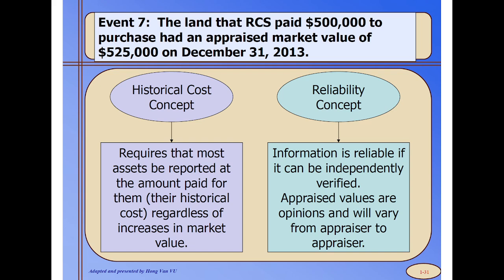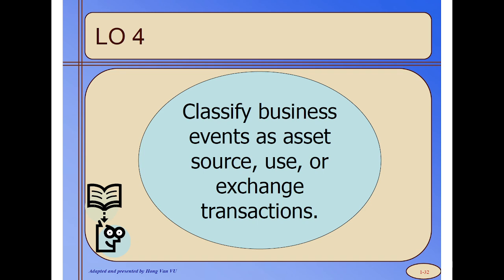So, to recap the learning objective, all the transactions we've seen so far fall into one of three categories: asset source, asset exchange, and asset use.